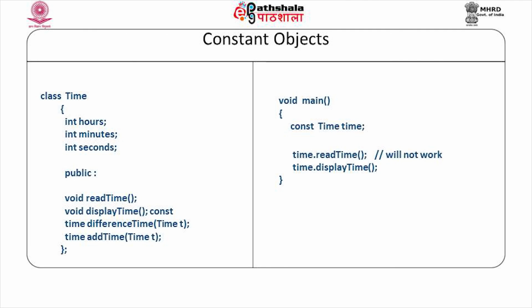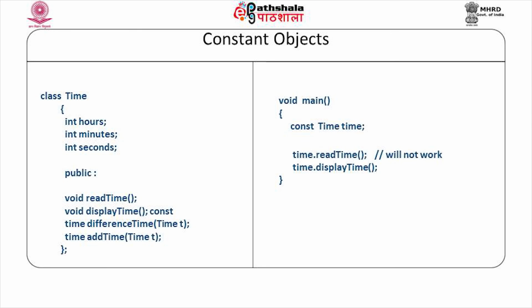When we define this object as a constant object, it means that this object will not be able to modify itself. Any operation that we perform on the object is through its member functions. If I define this as a const object time, when I try to invoke this read time function on the time object, this will not work.